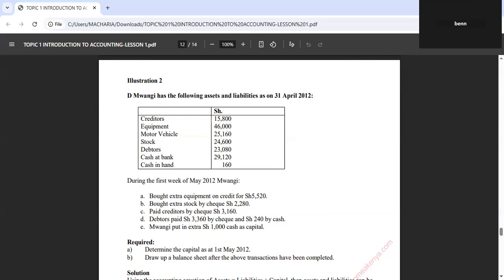No, we are told during the first week of May 2012. That means this took place in the first week of May. So I need the amount at the beginning, and then draw the balance sheet after the above transactions have been completed. So give me the capital.